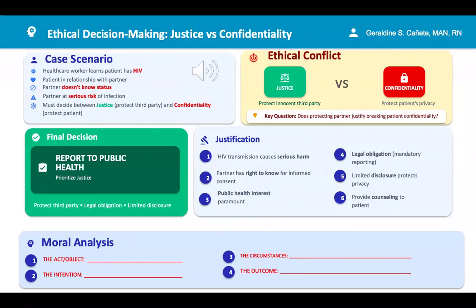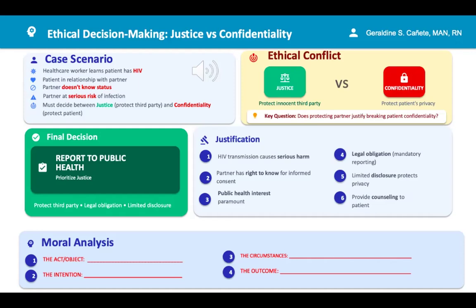Now, this next case presents a conflict between a patient's confidentiality and protecting a third party from harm. I will present what is the most ethically sound approach, and I challenge you to critically evaluate the reasoning.